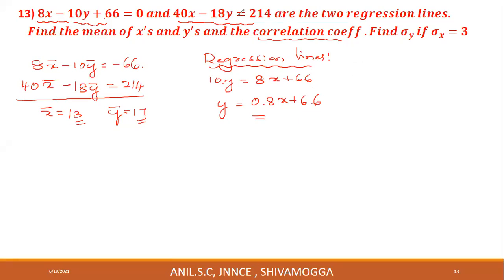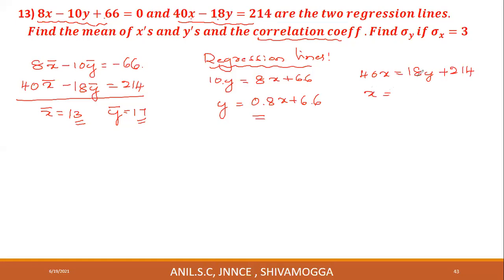Similarly, the second regression line will be 40x is equal to 18y plus 214.